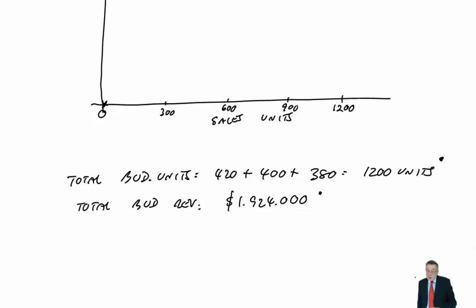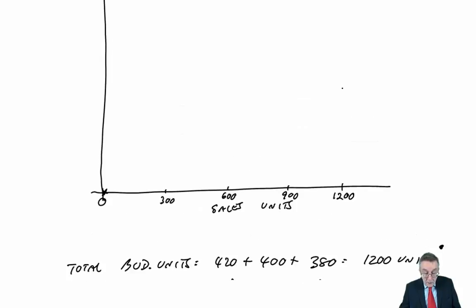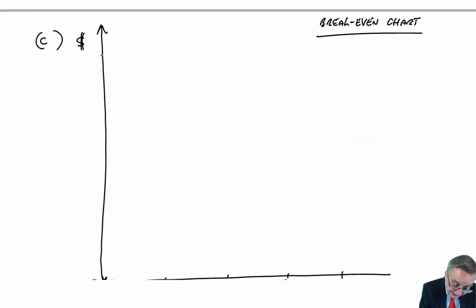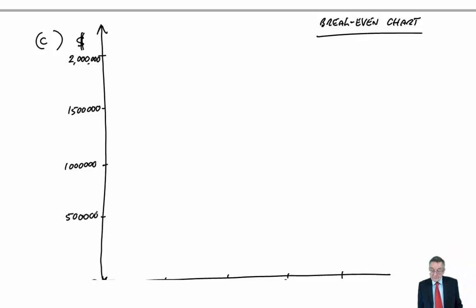So I need units to go to 1,200. I need the revenue to go up to 1.9 million. Well, I'll have it go up to 2 million. So 1 million is about there. 1.5 million is here. 500,000 is there.